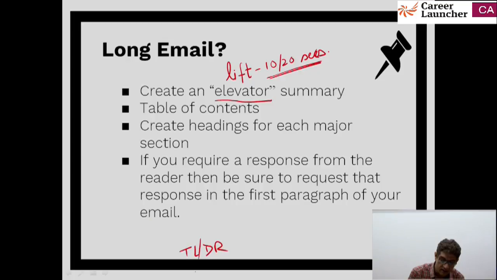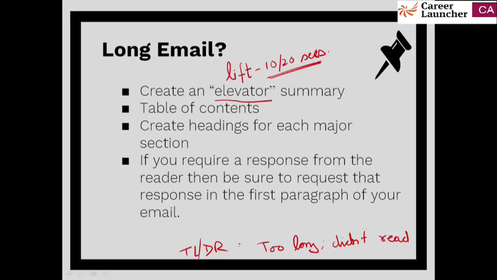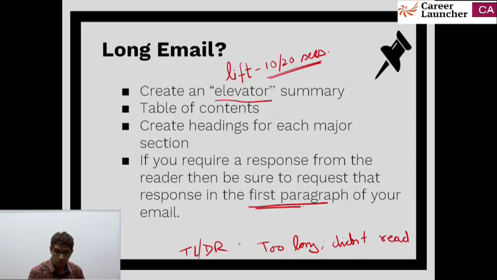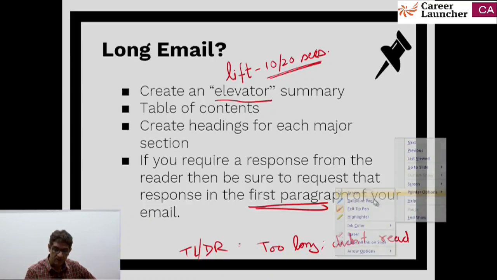It's called TLDR, too long, did not read. So the person may not have read through to the very end, and therefore make sure that you put that in the first paragraph itself, so the reader knows what is expected from him with respect to that specific email.